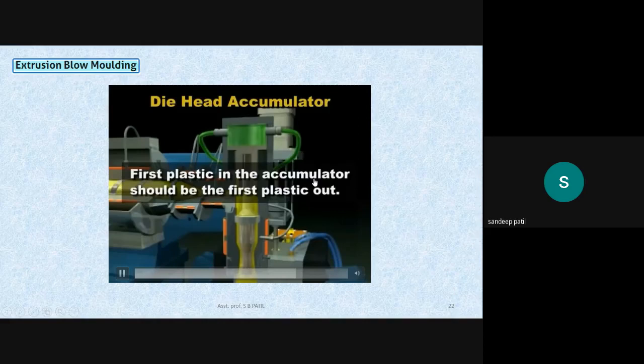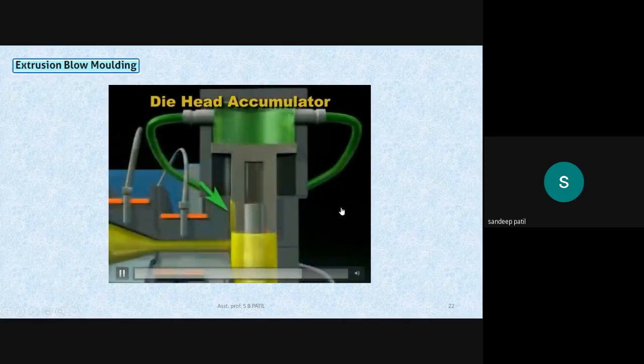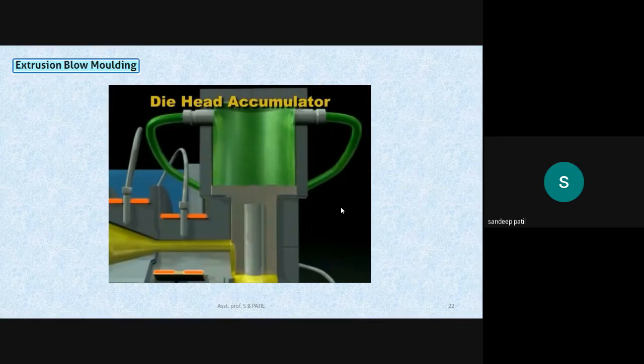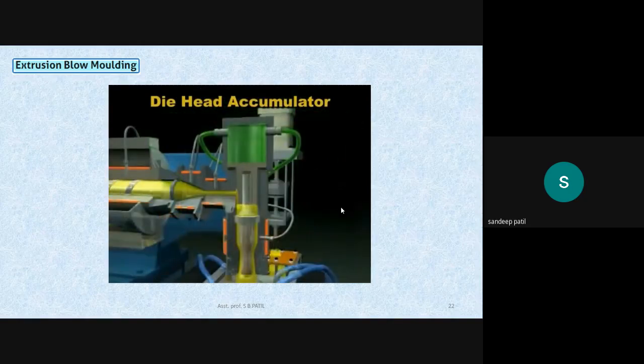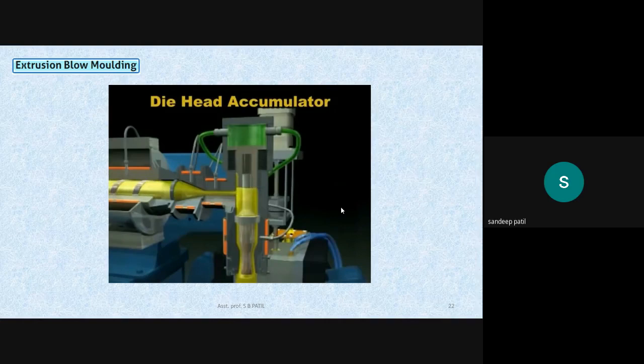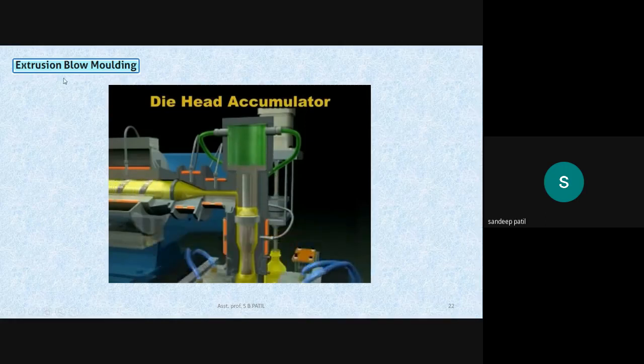The first plastic in the accumulator should be the first plastic out. The output of the extrusion of plastic is the input to the blow molding, and therefore it is termed the extrusion blow molding process.